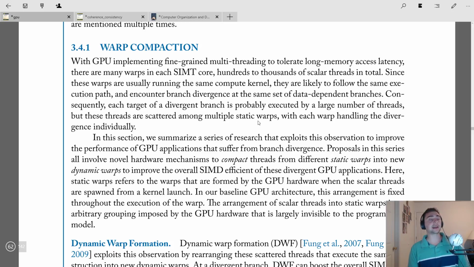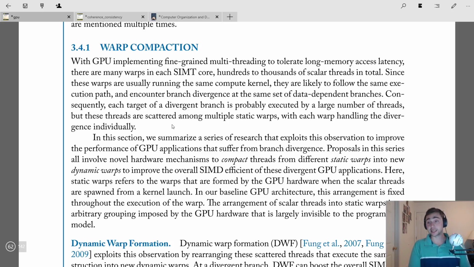But again, they're scattered among multiple static warps, with each warp handling the divergence individually, say with the SIMD stack. So maybe half the threads will be active and half will be waiting to execute their control flow path next.